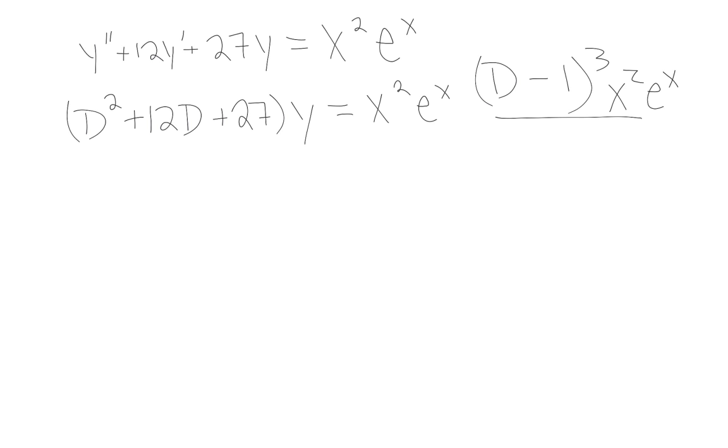So the differential operator that was found to annihilate x^2 e^x was (D - 1)^3.